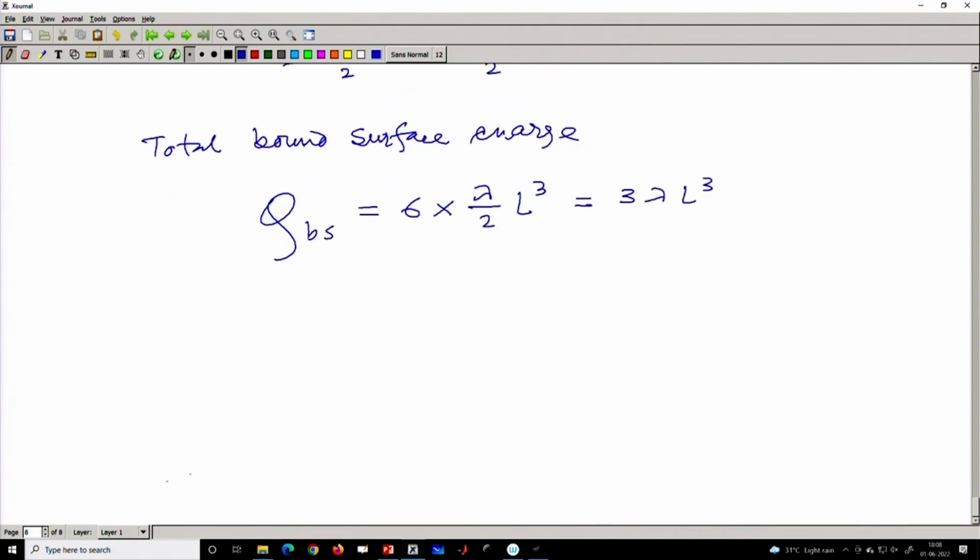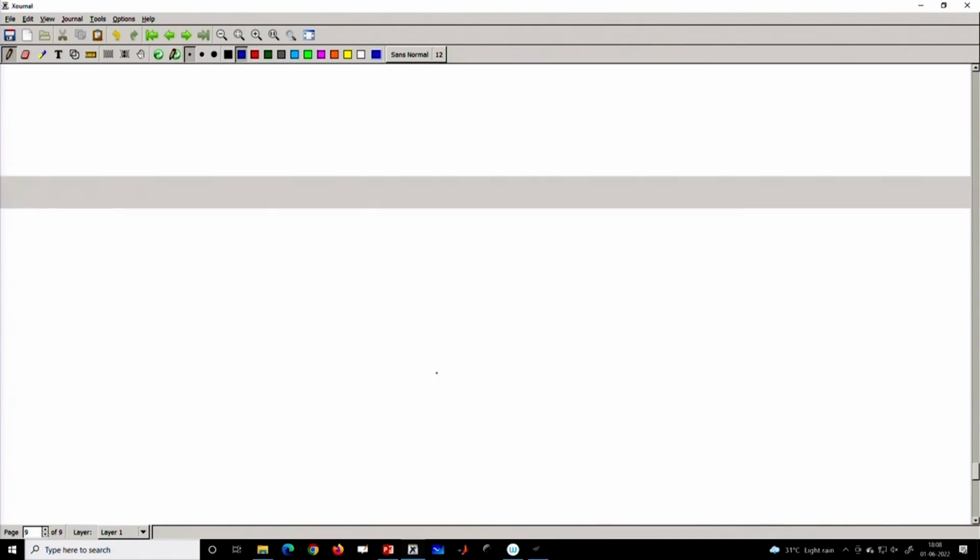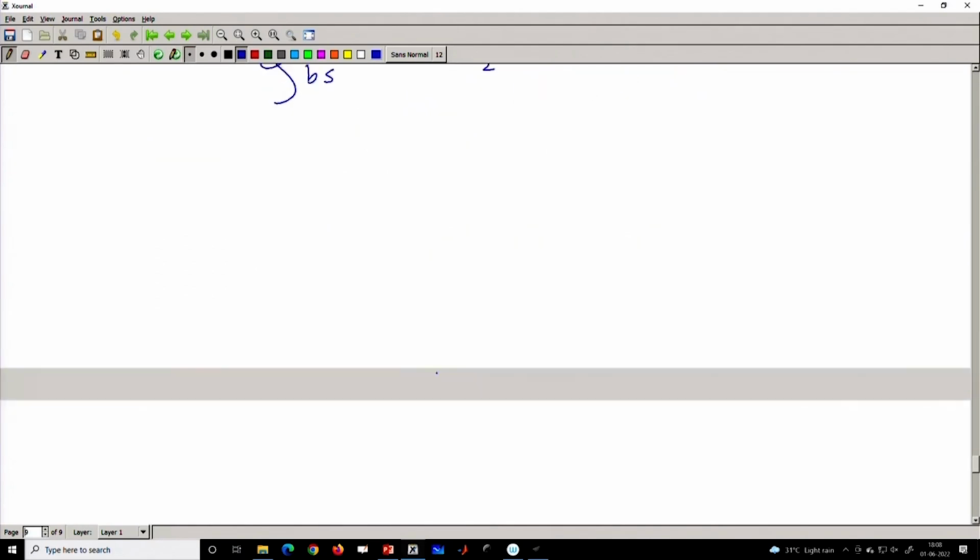What about the volume bound charge? We know the volume bound charge density rho b is minus the divergence of P, which is simply minus 3 lambda.